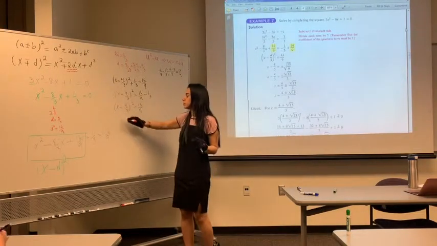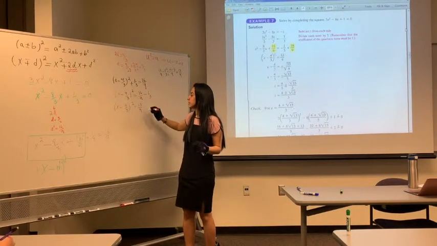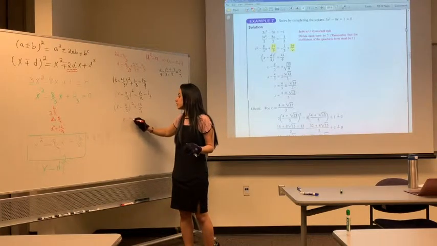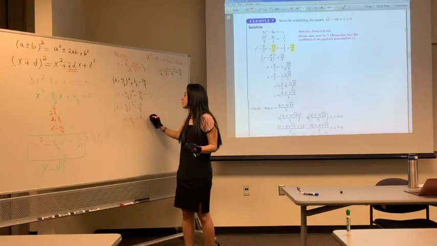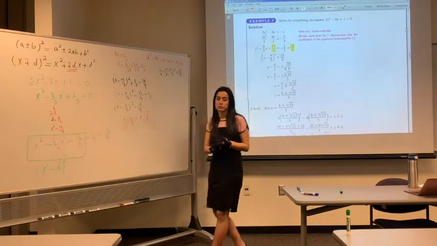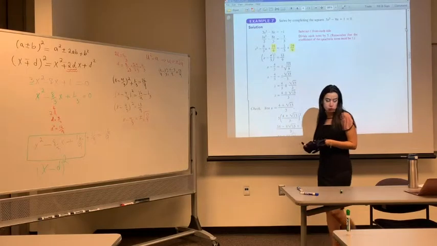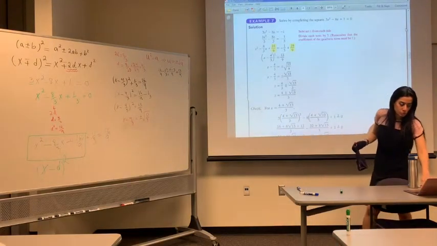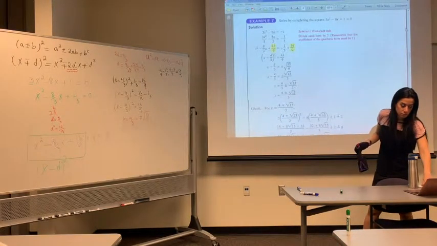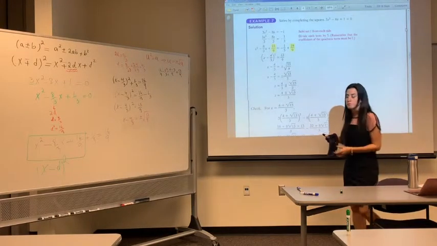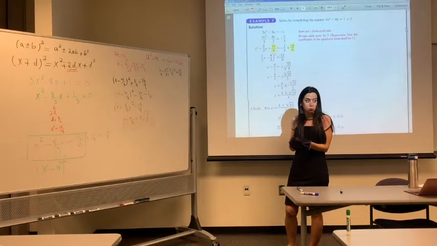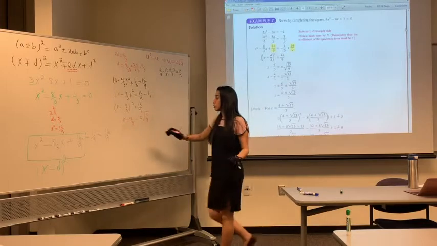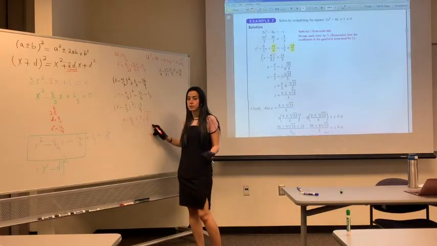Let's say this one is u power 2, this one is a. So we will have x minus 4 over 3 equal to plus or minus radical 13 over 9. So what you should do, bring this to the other side.